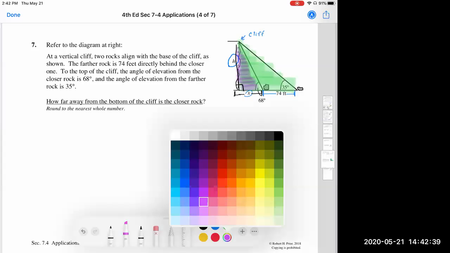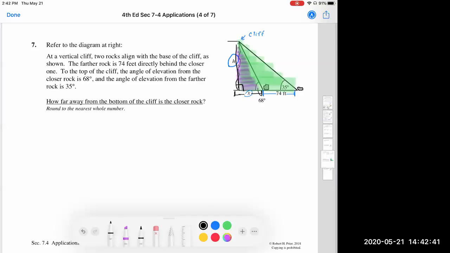All right, so let's make an equation with the triangle in purple using H. So purple triangle. I hope no one is colorblind. If so, I'm sorry. This is one.